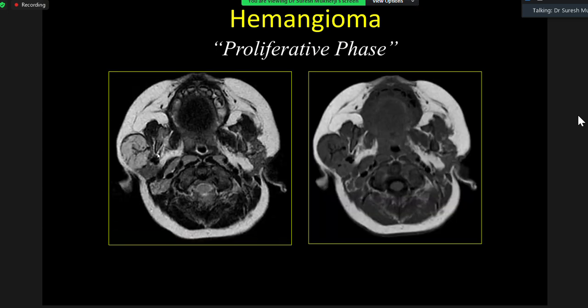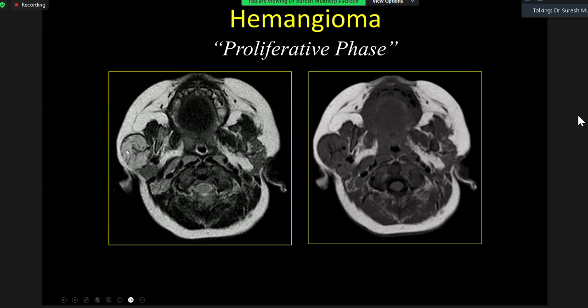Another example here, these are actually relatively common. And this is an example of a hemangioma involving the parotid gland. Now, sometimes radiographically, this can be confused, and some people may think that this is a parotid tumor. Some people may think it's a rhabdomyosarcoma because that is the most common solid tumor in a child. But when you look real closely, you can see that there's replacement of the parotid gland, P, parotid gland.